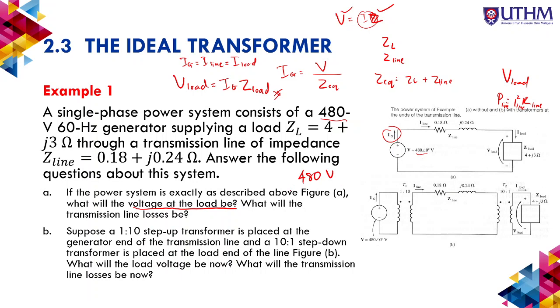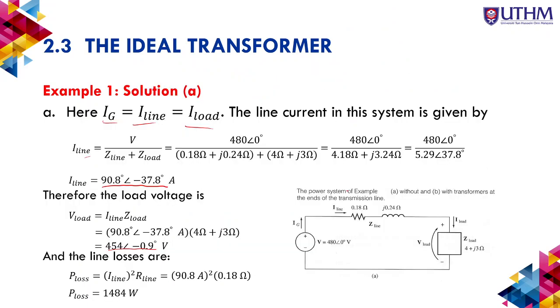We need to remember that when there is a voltage and they didn't give any angle, it means the phasor angle for the AC voltage is 0, starting from 0. Then we will calculate. The easiest way to do the calculation is by using your calculator.